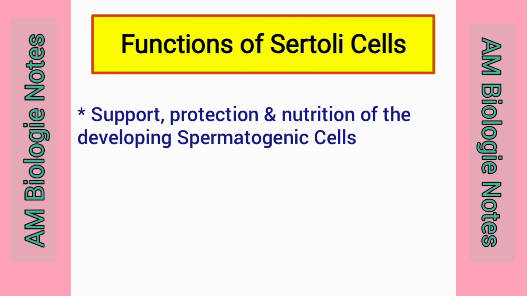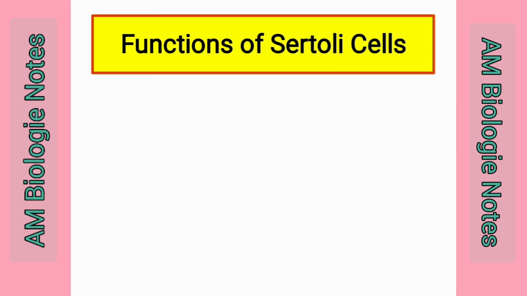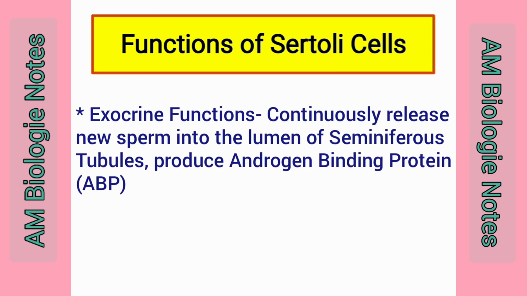Functions of Sertoli cells. Sertoli cells are also known as supporting or sustentacular cells. They are the supporting cells for the developing spermatozoa that attach to their surface after meiosis. These Sertoli cells have a few general functions: support, protection, and nutrition of the developing spermatogenic cells, and continuously releasing new sperm into the lumen of the seminiferous tubule.